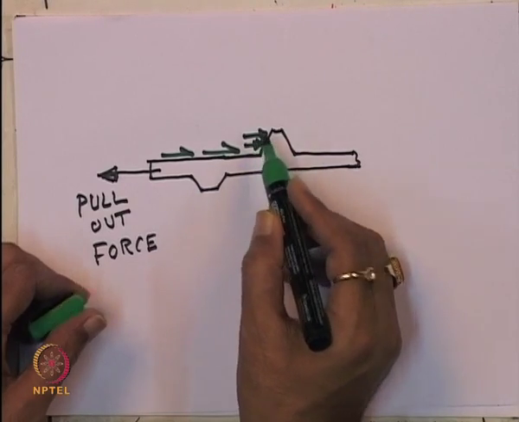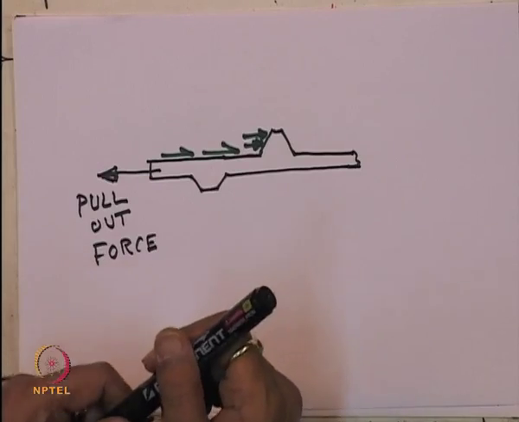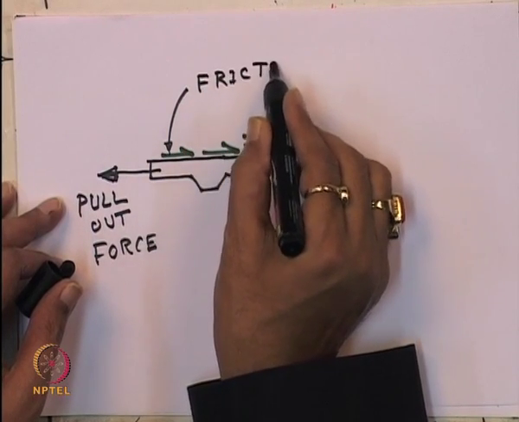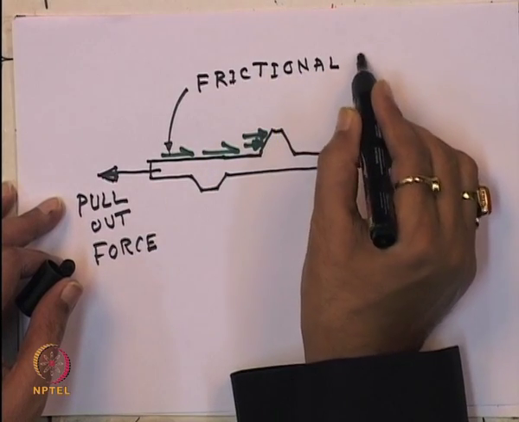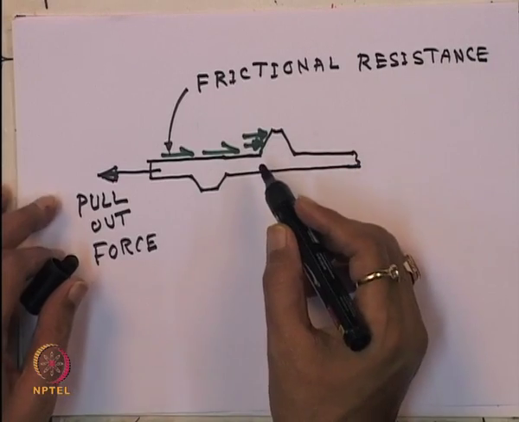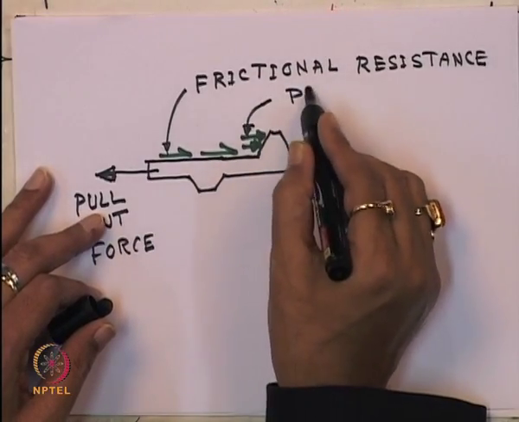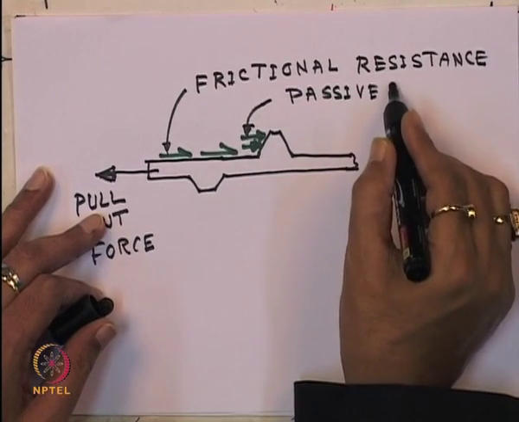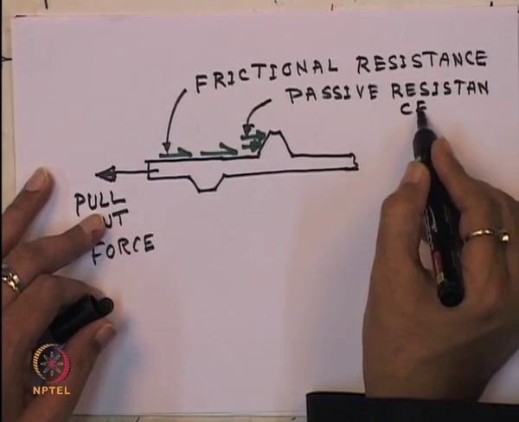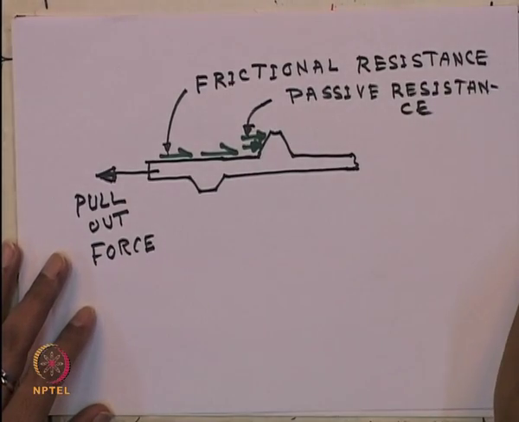So in case of the geogrid material, there will be a development of frictional resistance as well as passive resistance.